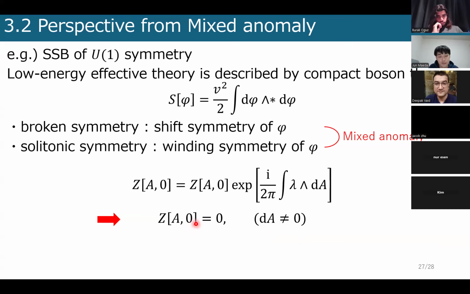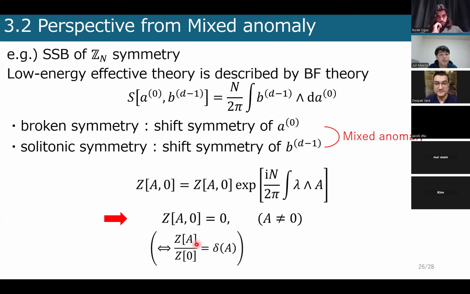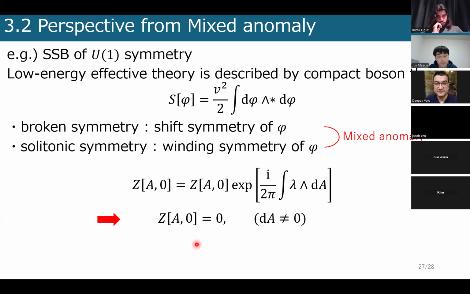So this is a consistent result. And I explained the SSB phase of the Z_N symmetry and the U(1) symmetry case, but these are known results which I explained before. So I will explain another new example.